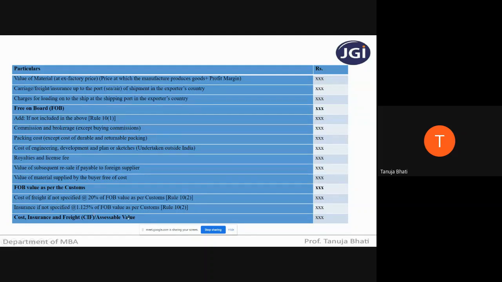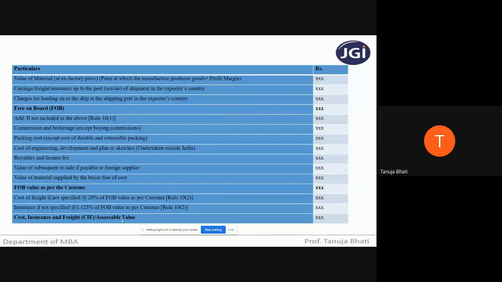This is nothing but the assessable value on which you're going to charge BCD, that is basic customs duty. You're going to charge IGST and social welfare surcharge, and depending upon the type of product, maybe safeguard duty, protective duty or anti-dumping duty. On the assessable value, the duty will be levied.